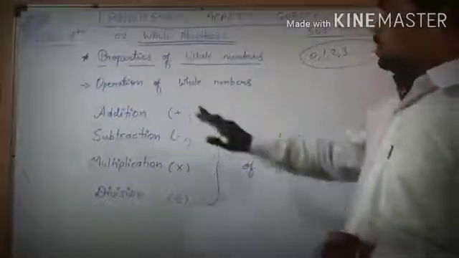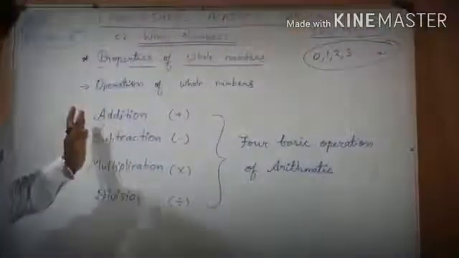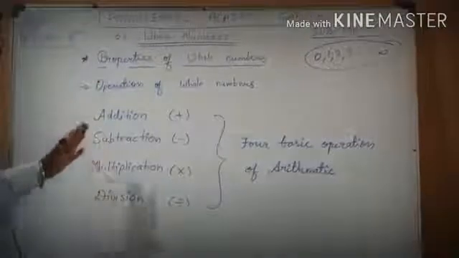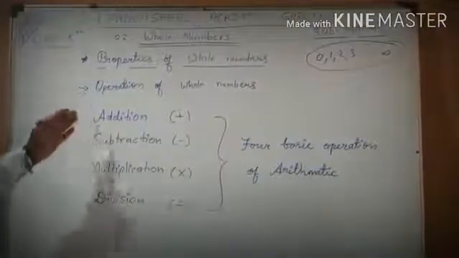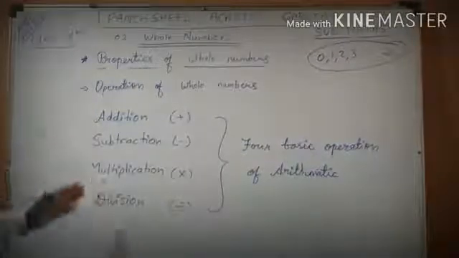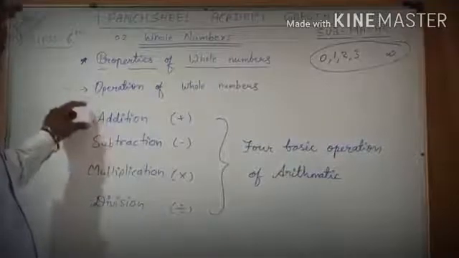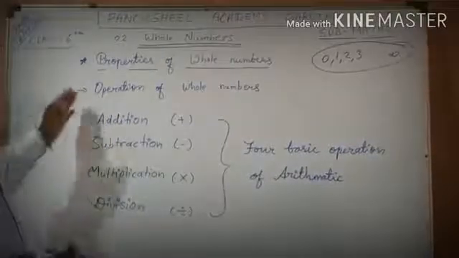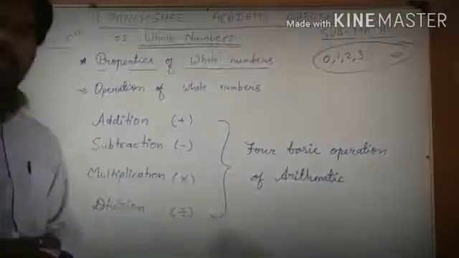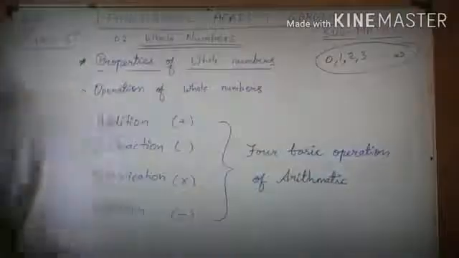In the operations of whole numbers, we have four basic operations of arithmetic, which are addition, subtraction, multiplication and division. One by one we will see these four basic operations of arithmetic.